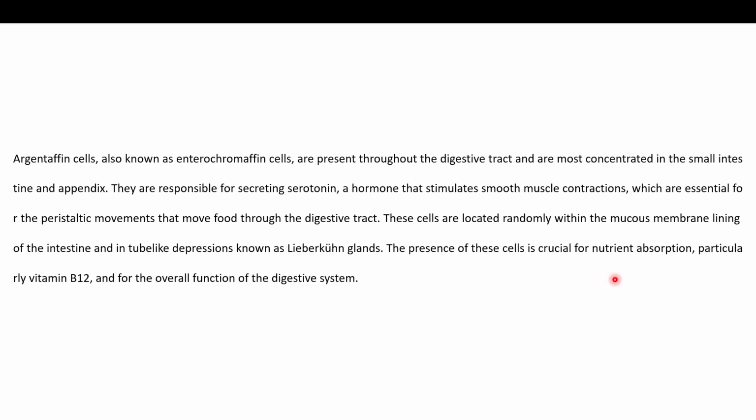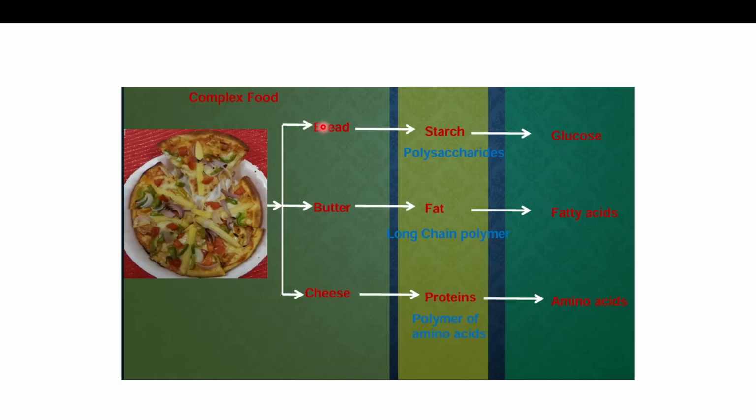Presence of these cells is crucial for nutrient absorption, particularly vitamin B12, and for the overall function of the digestive system. So if we talk about complex food material like bread, which is rich in carbohydrates, it eventually has starch or polysaccharides which get broken down to finally give rise to the simplest sugar, glucose.